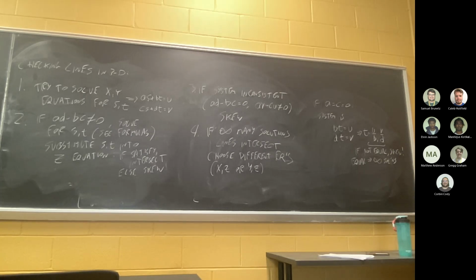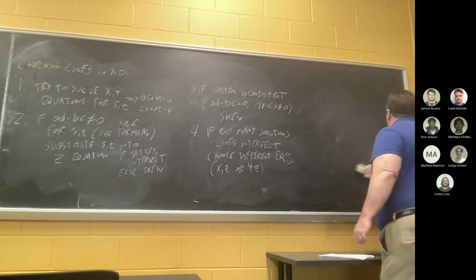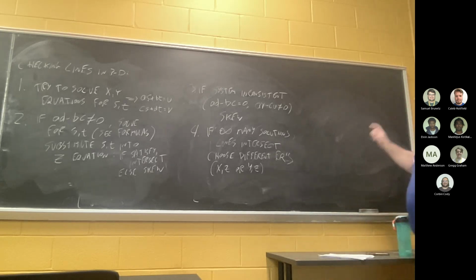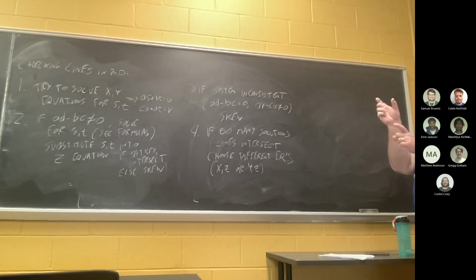Yes. How do you know if they're parallel? Okay, I think I mentioned at the end of last time, actually I wrote earlier, if you look at the direction numbers for one line versus the other line, if those vectors are parallel, the lines are parallel.